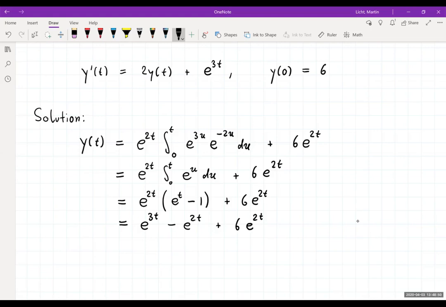And if I simplify this even further, what I get is exponential of 3 times t minus exponential of 2 times t plus 6 times exponential of 2 times t. Okay, that is the formula for the solution of this differential equation with that initial value. And at this point, I suggest that you explicitly check that this formula here indeed defines a solution of that differential equation with that initial value.